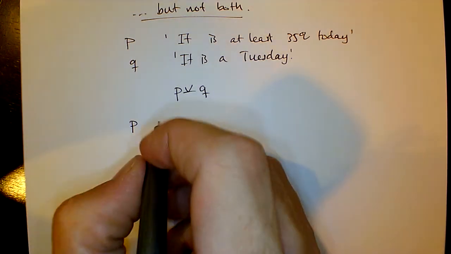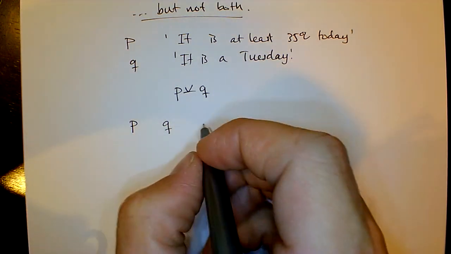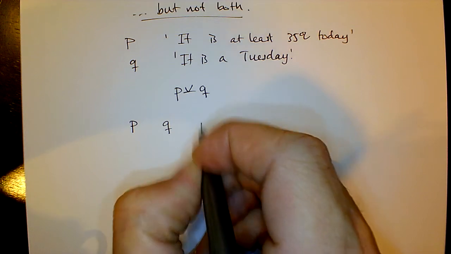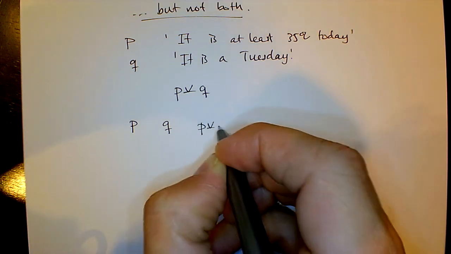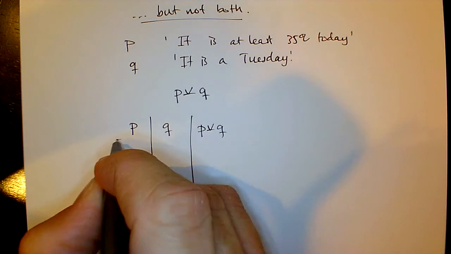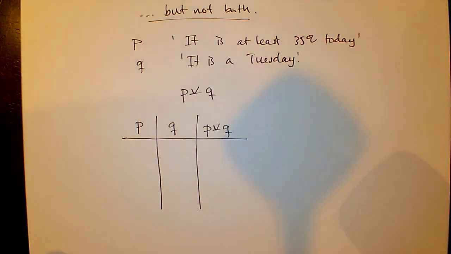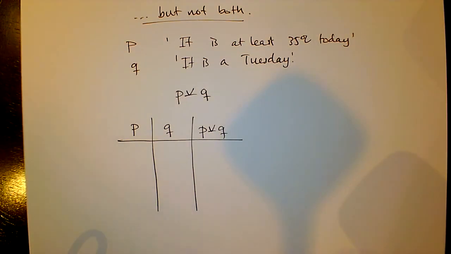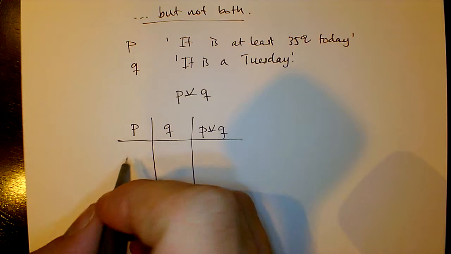So if we're assuming that we have P and Q and then the exclusive disjunction. So let's first consider the scenario where P is true and Q is true.